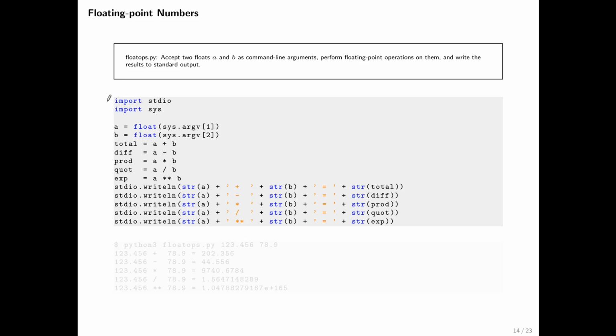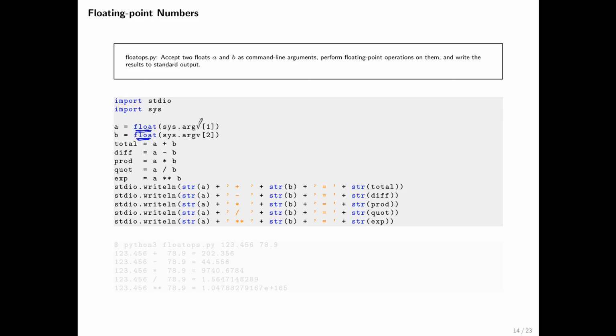Here again we import stdio and sys. Stdio because we are using the write functionality from there, and sys because we needed to process command line arguments. Then we receive the two command line arguments as strings and turn them into floats using the float built-in function. In the previous program we used int to turn strings into ints.